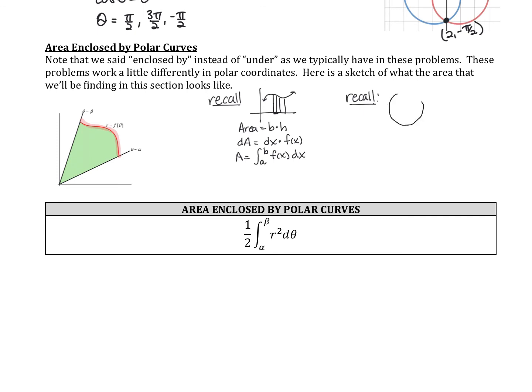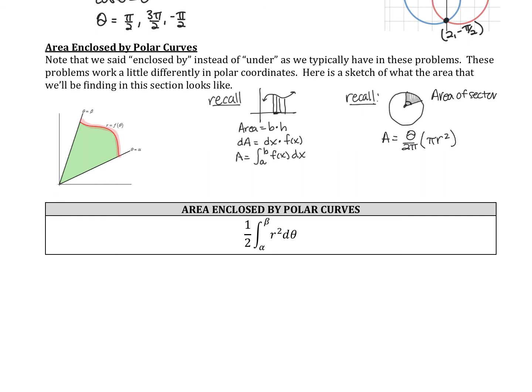We know that if we wanted to find just the area of some sector of the circle, not the whole circle, just this sector right here, we take theta, we'll call this angle theta, divided by 2 pi, times pi r squared.